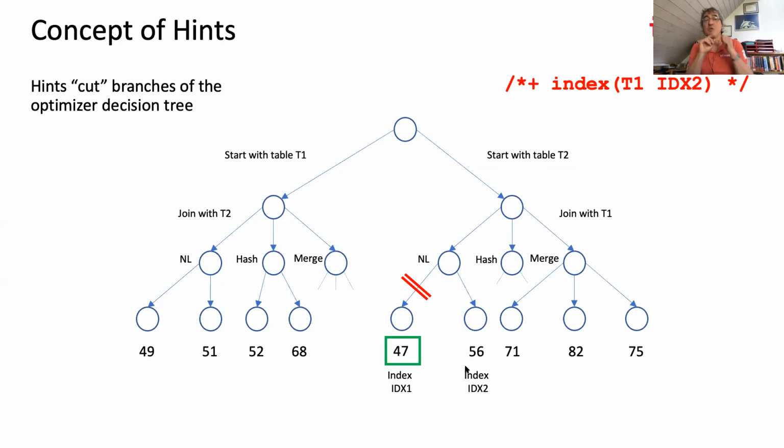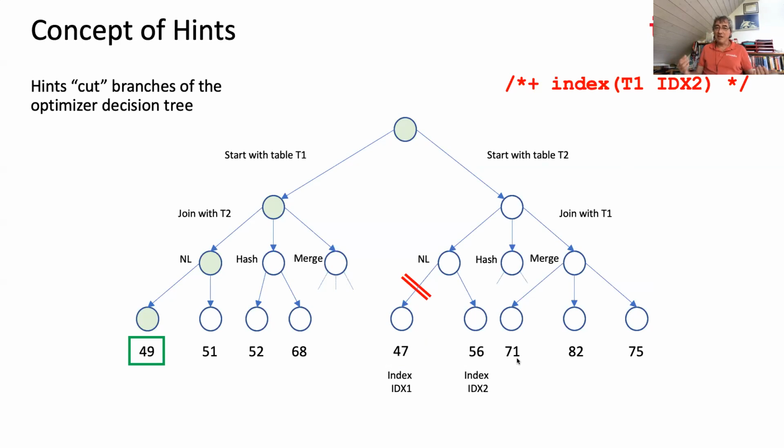But what the optimizer does, it does the same as always. It still has the decision tree, now with one branch less than before. But in this decision tree, it decides to use the cheapest execution plan. And the cheapest execution plan here is the 49 on the very left. So it does a completely different execution plan. It starts with a different table and doesn't care about this index anymore.